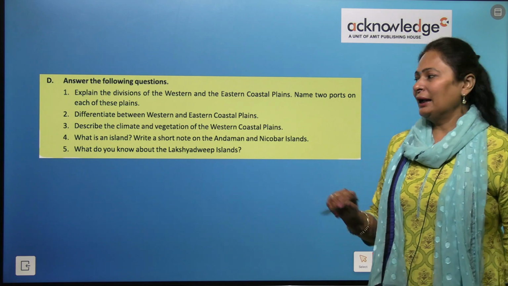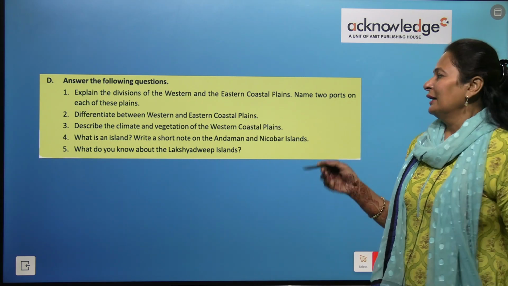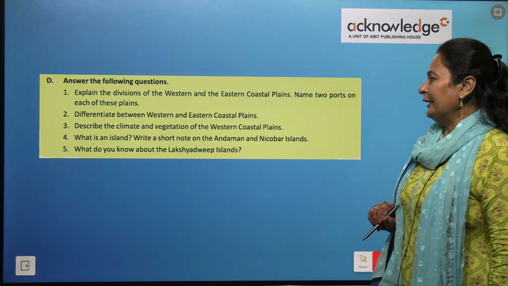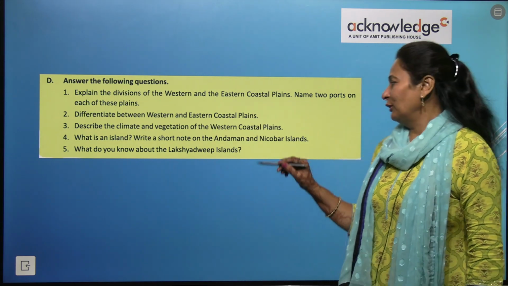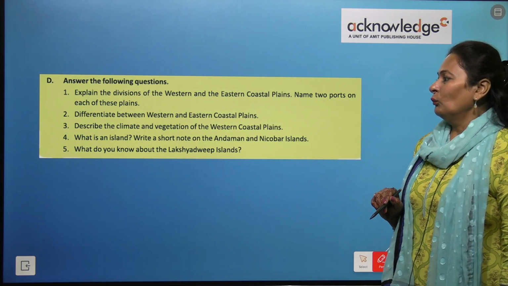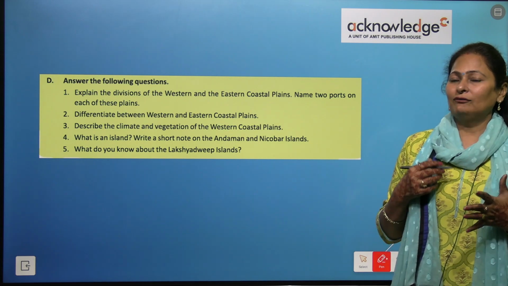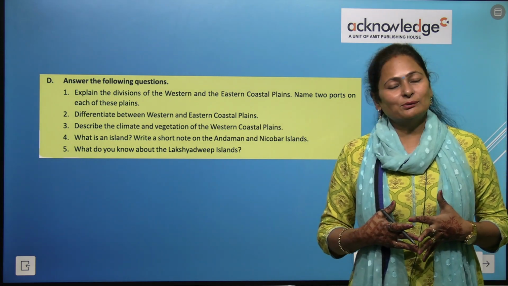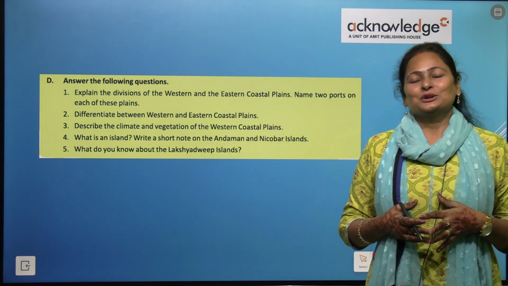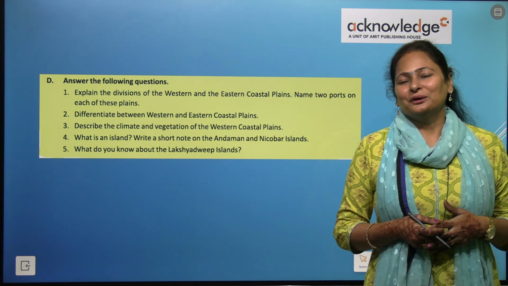Describe the climate and vegetation of the western coastal plains. What is an island? Write a short note on Andaman and Nicobar Islands, that you can do. What do you know about the Lakshadweep Islands? We have already done it in detail while explaining, kids. So it would be appreciated if you will do it on your own, right?